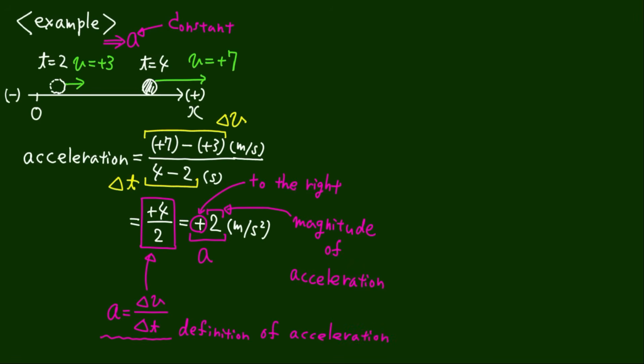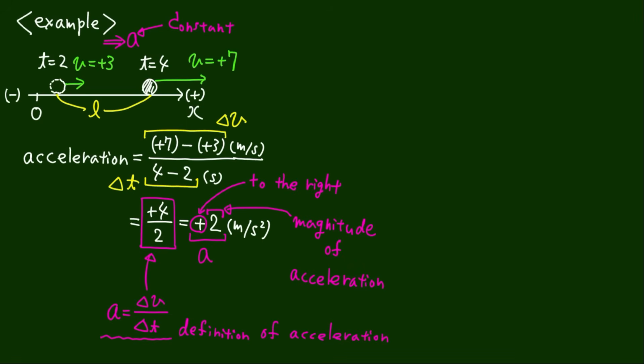Now, by the way, in this uniformly accelerated linear motion, how can we determine the distance traveled? We cannot simply say that the distance is 6 meters by multiplying the initial velocity of plus 3 by the elapsed time of 2 seconds, can we? Because the velocity keeps increasing, naturally we cannot calculate the distance using the initial velocity, which is the smallest velocity.